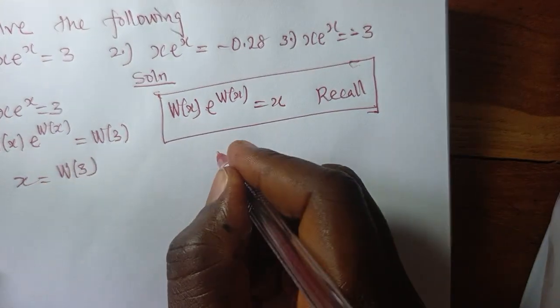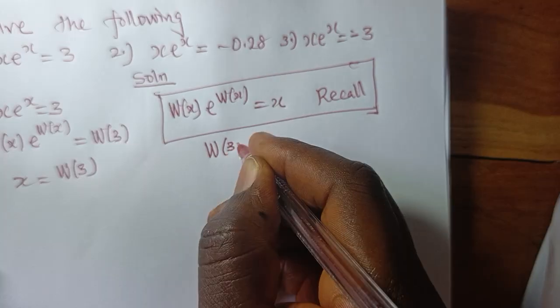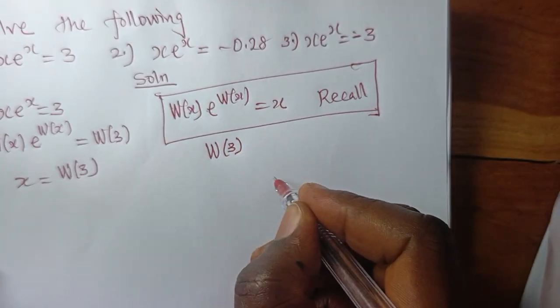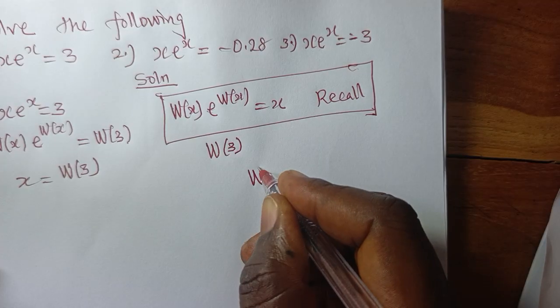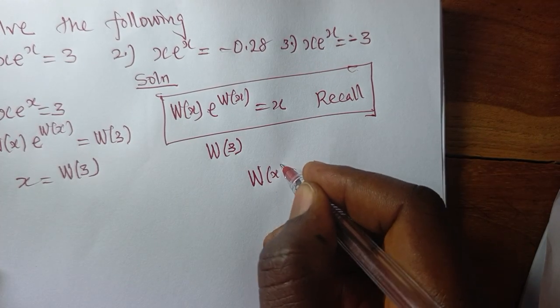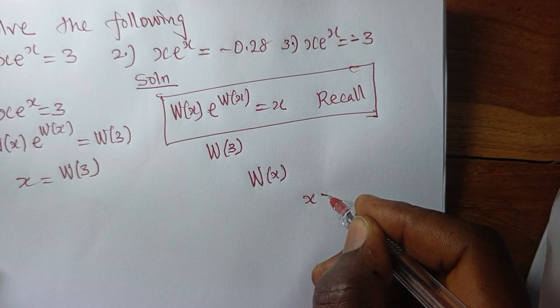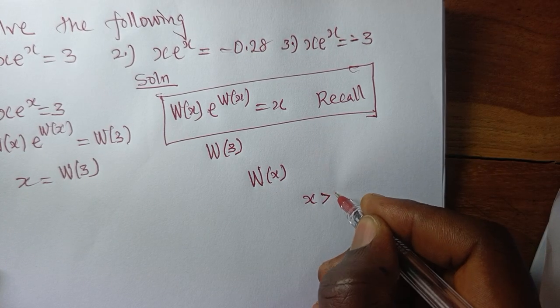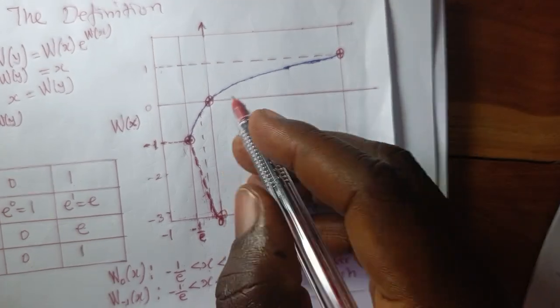And here, looking at the range of x, we have Lambert W function of 3. Recall from my explanation in the complete course on Lambert W function, when you have W function of x for x greater than 0, you are going to have only one resolution, and it is on this blue graph.